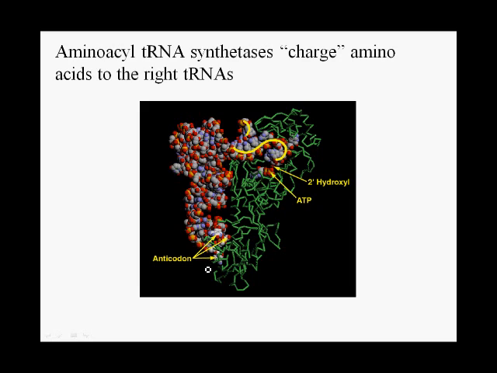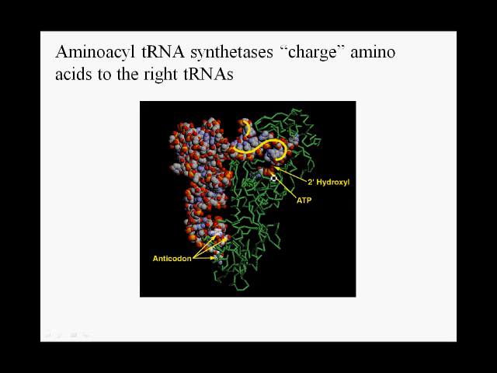So there's a part of the enzyme that interacts with the anticodon loop of the tRNA. And then another part of the enzyme binds the correct amino acid for this tRNA. In addition, it uses energy from ATP hydrolysis. Here you can see where the ATP is bound.